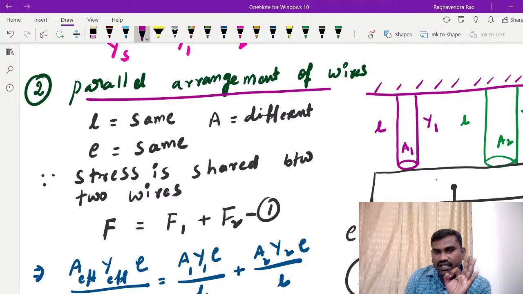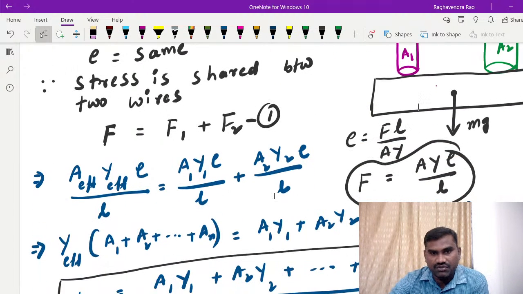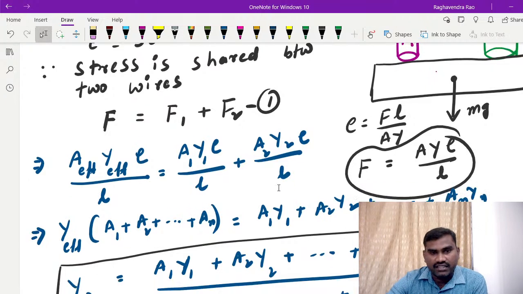So for the elongation to remain the same, the stress we are applying in the form of this weight will be shared between these two. That means both of them will try to hold the weight hanging from the ends of the wires. So the stress is shared between the wires. Then we can take F is equal to F1 plus F2. From the basic expression of Young's modulus, we can take the elongation expression like this. From that we can calculate the force, which is different for each wire, and then we can take the effective value and calculate Young's modulus like this.